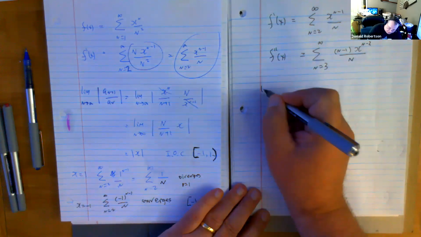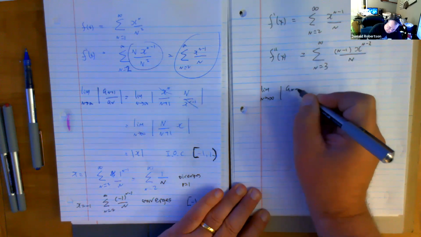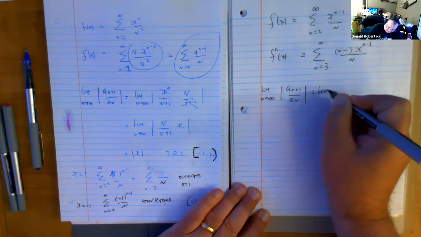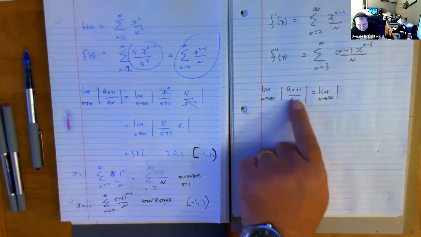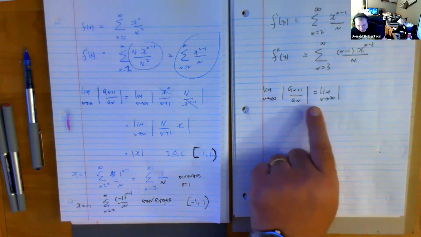I'll do the limit as n tends to infinity. I'll do the ratio test. In this case, it's a little bit awkward, but basically, a_(n+1) says use this formula, but replace all the n's with n plus 1, right?